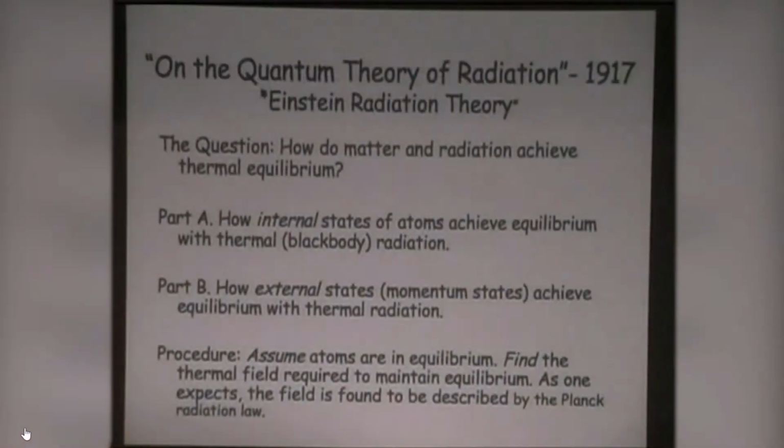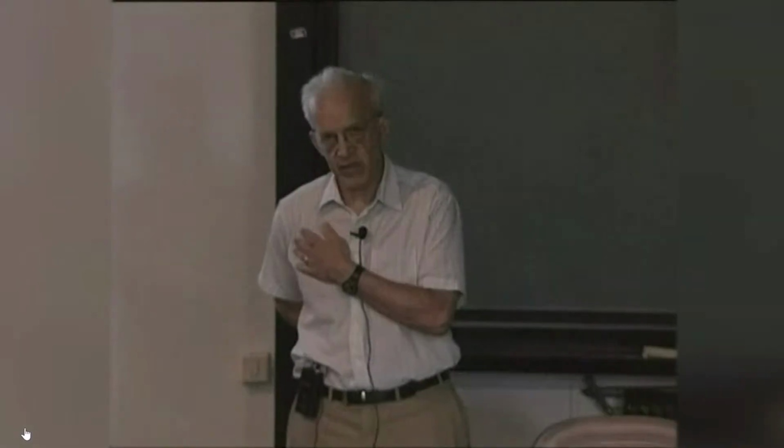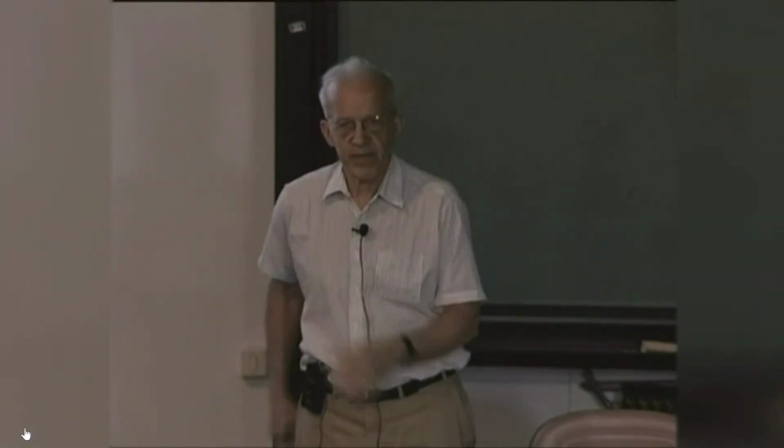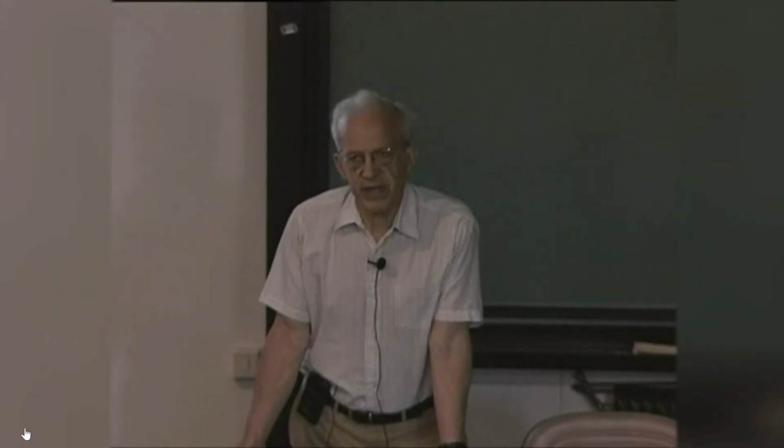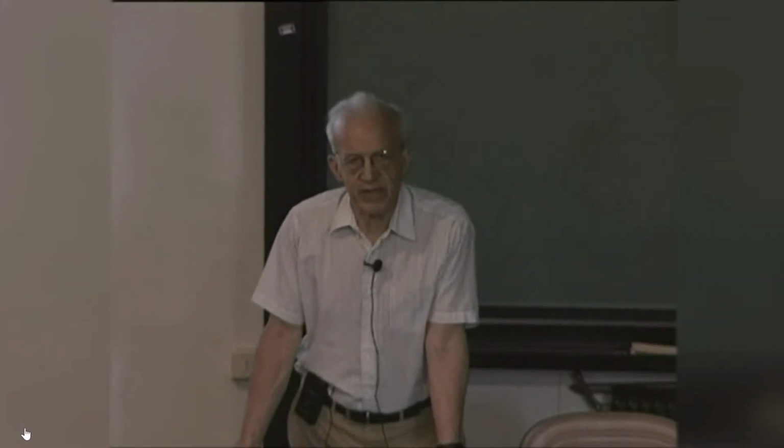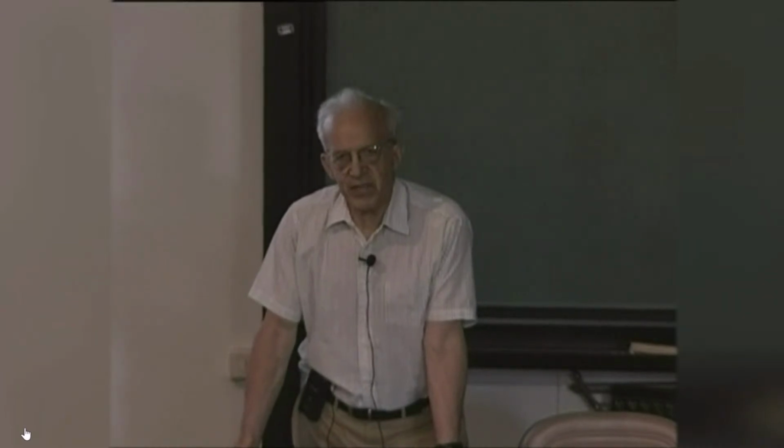The first part, which is the part which most people know, is how the energy levels of an atom achieve equilibrium with thermal or black body radiation. But he went on to ask, how do the momentum states of the atoms come into thermal equilibrium? Namely, he took it for granted that the atoms obeyed the Maxwell-Boltzmann distribution law, which is based on classical statistical mechanics.